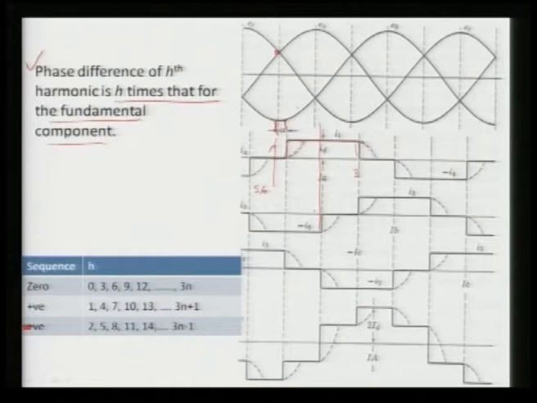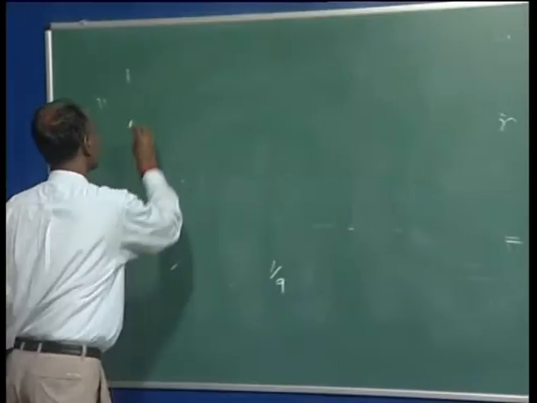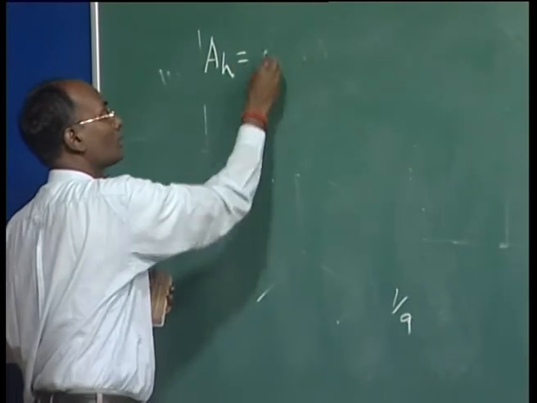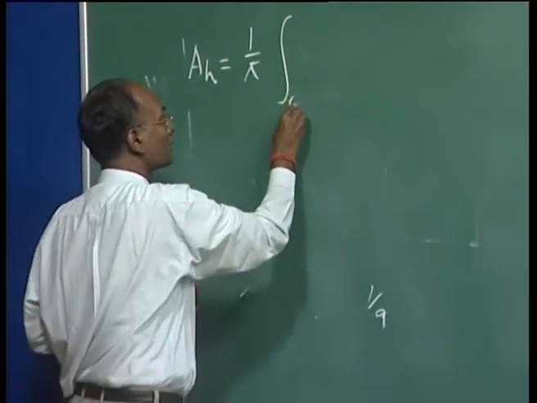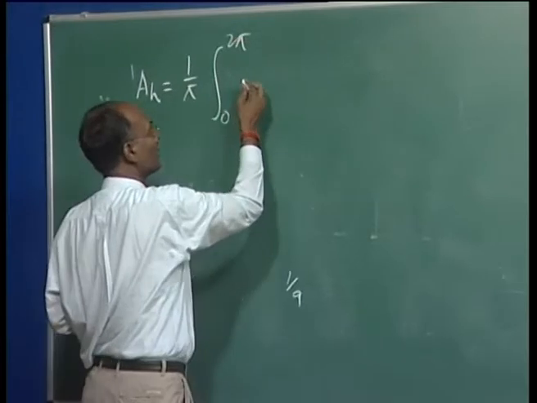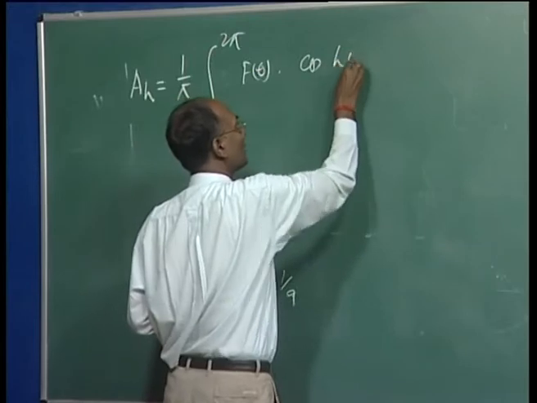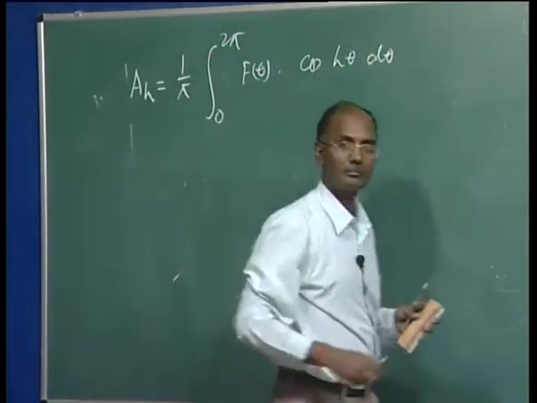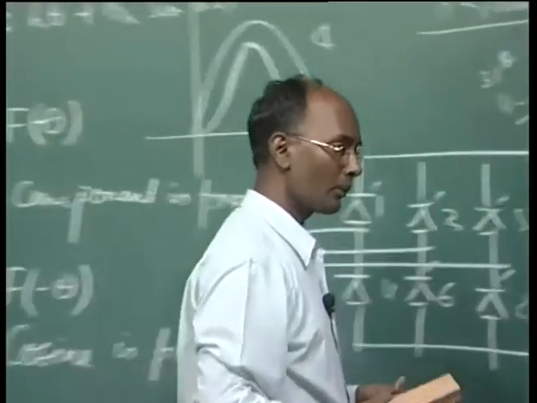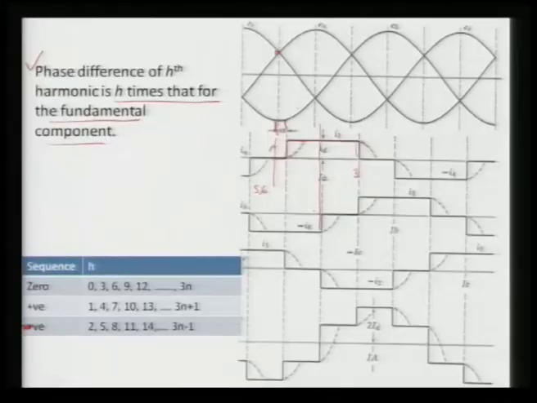From here, as per this analysis, we have to find the AH value, and your AH is 1 over pi, integral from 0 to 2 pi, of f of theta times cos of h theta d theta. This component we can get from this axis here. We are taking the axis here as 0, and then we analyze, and here is 2 pi or pi.